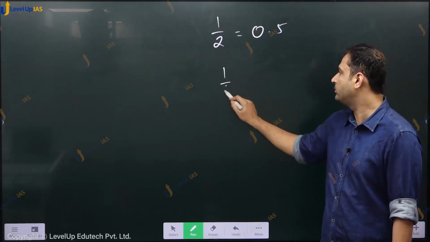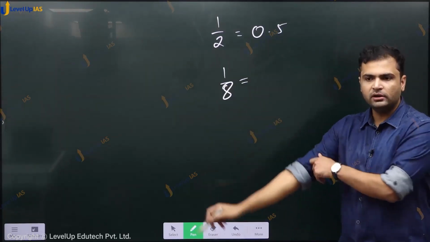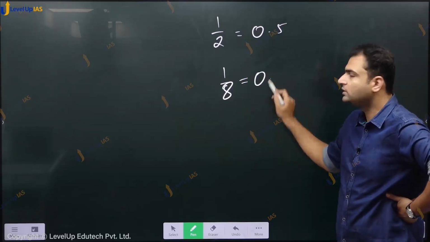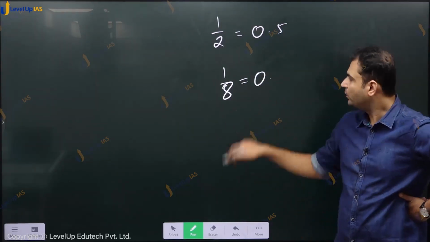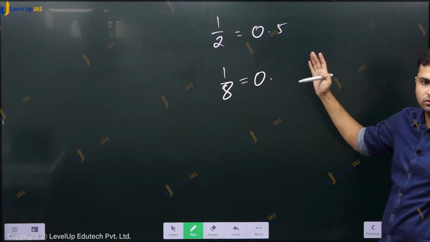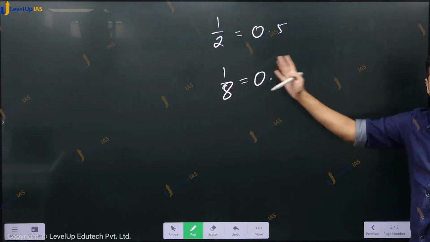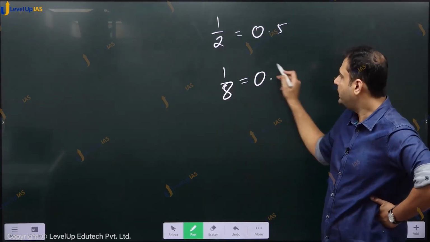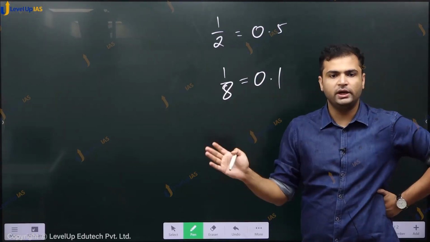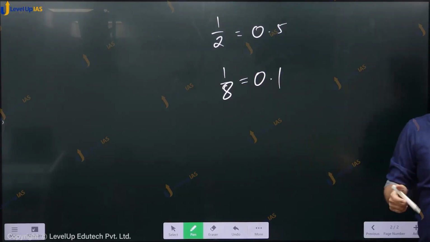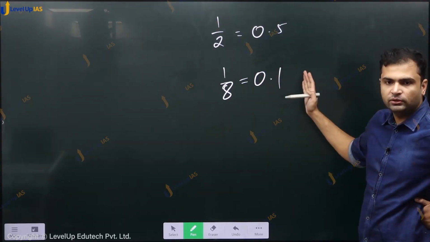Similarly, we tried 1 by 8. How did we divide? Because 1 is clearly less than 8, we will get 0 point something. Whenever we add point, you will get 10 because we are going to the 1 by 10th place now from unit place. 8 ones are 8, 10. Now we are dividing 10 by 8. Remainder is 2 because we are again shifting to the right.